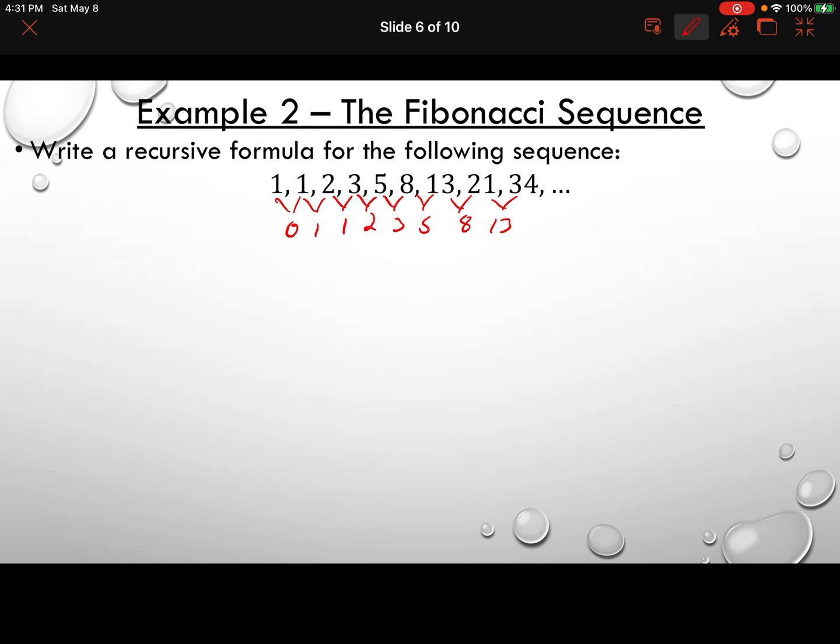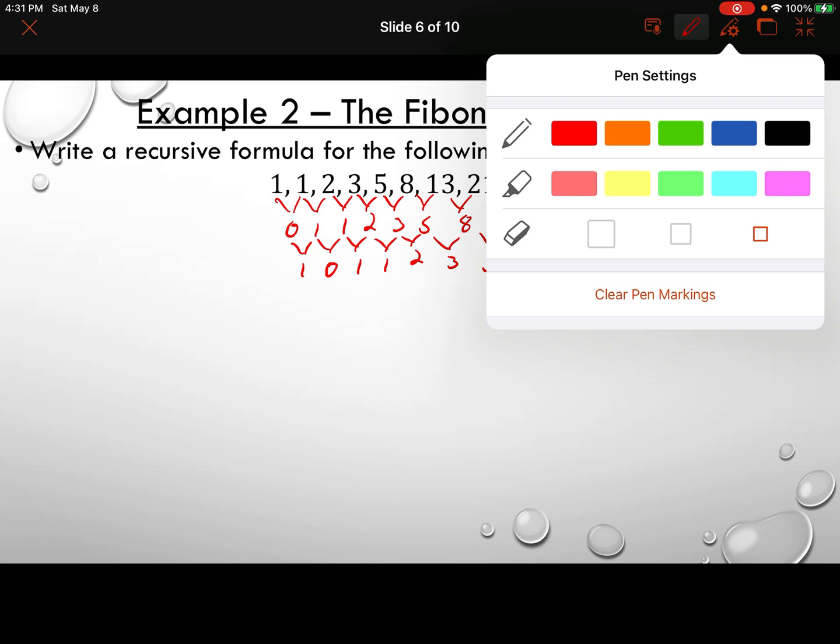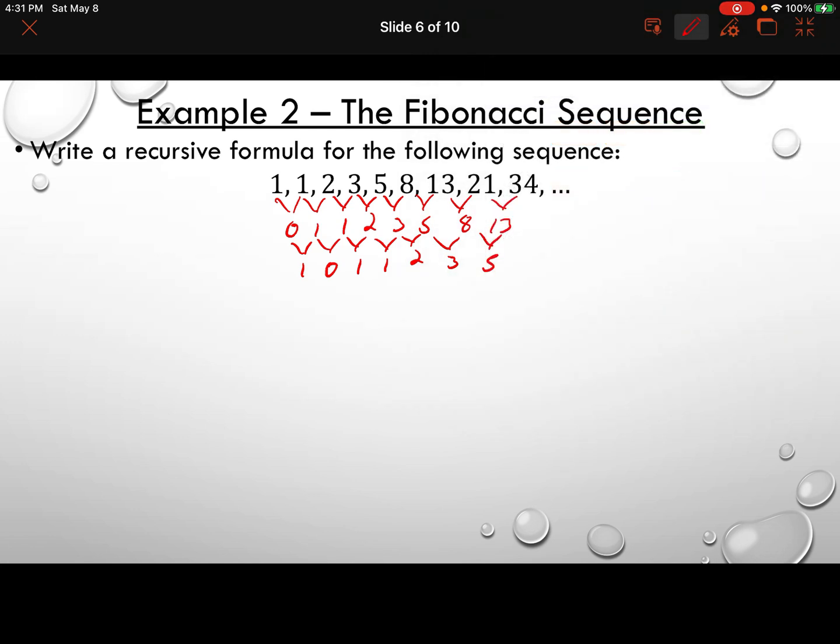Well, it doesn't look like there's any pattern here. If we took it a step further and found the second difference, 1, 0, 1, 1, 2, 3, 5. Yeah, that's not helping us. So what in the world is going on here? So this is actually a famous sequence, like I said.